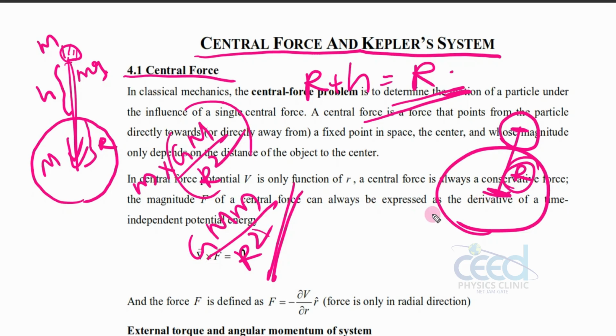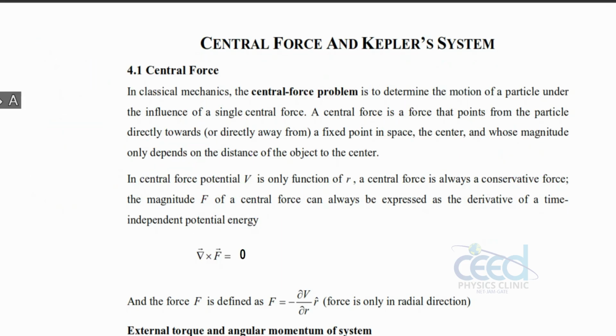Now what are the properties of a central force that we need to know, right? For a central force, what we studied in lower classes, for example, see a body, it is bound to this earth. Why?